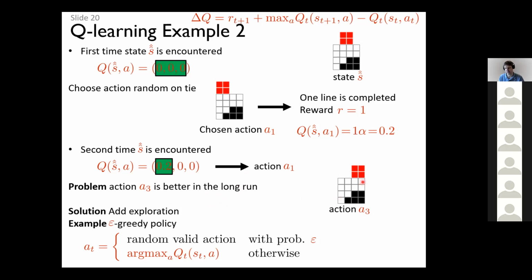actually in the long run it would be better to place the 2x2 block on this position, so you fill out this part of the game board, because this is a very good state.